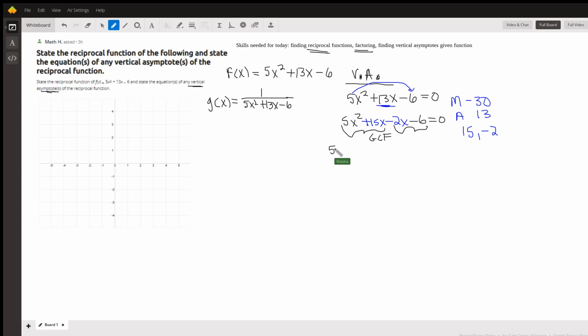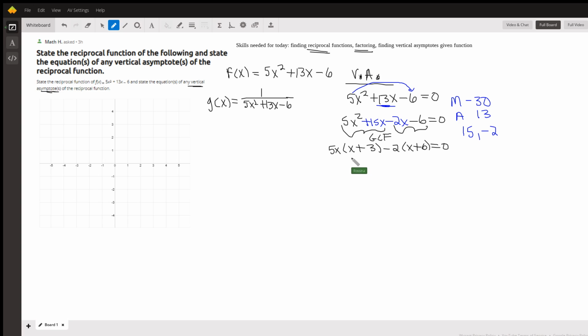Factor out the 5x, we get x plus 3. 5x times x is 5x squared, 5x times 3 is 15x, that's where that came from, minus 2 times x plus 6. Double checking, negative 2 times x is negative 2x, negative 2 times positive 6 is negative 6.